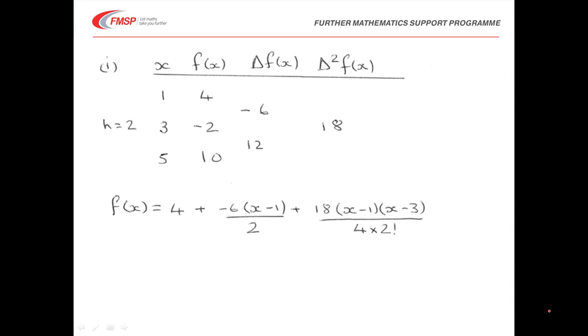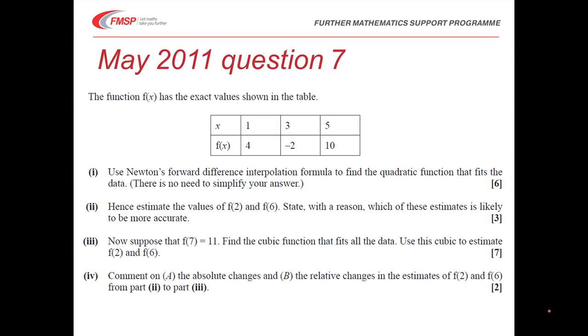Okay, the next term, the second difference is 18, and then we have x minus x naught and x minus x1, so we have x minus 1 and x minus 3. Then we have h squared, which is 4, times 2 factorial. And it doesn't want that simplified. So that's it. Okay, 6 marks for doing that.